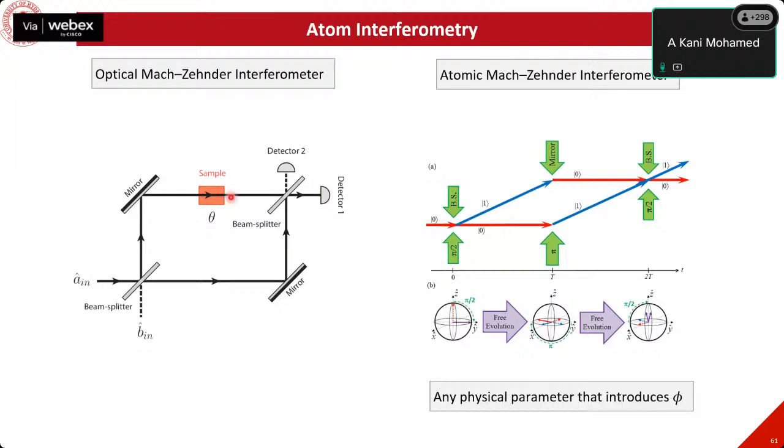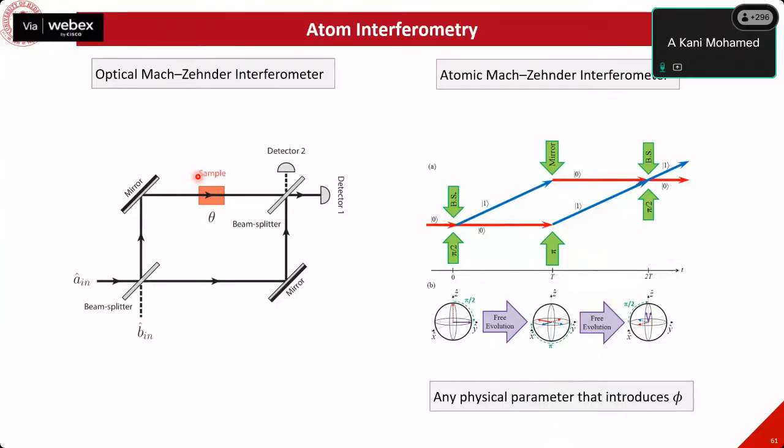And it is similar to the phase uncertainty that we have already estimated for laser light, which is inversely proportional to the square root of the mean photon number in this laser beam. So this is the basic optical interferometer we use to detect a phase difference caused by any physical parameter in any of these forms.